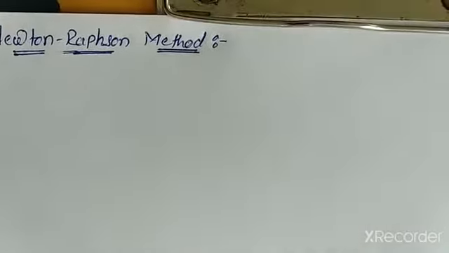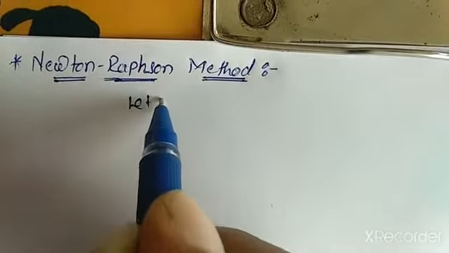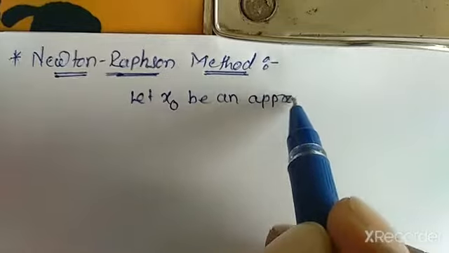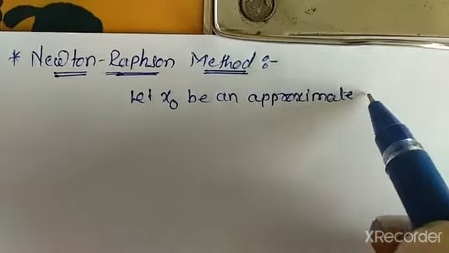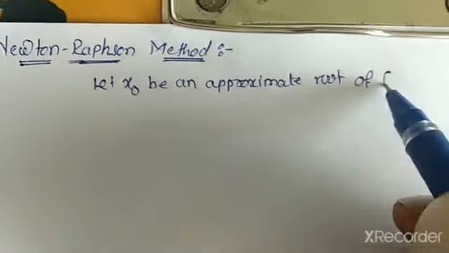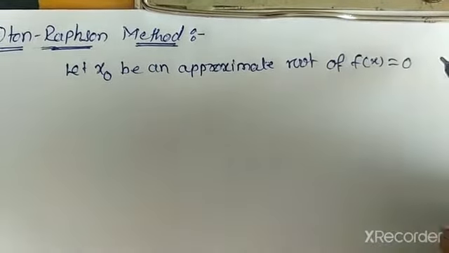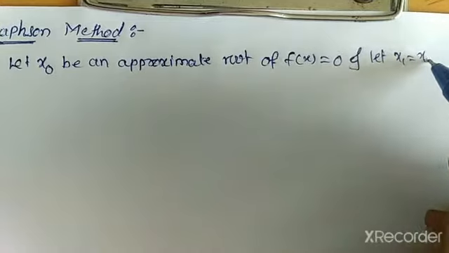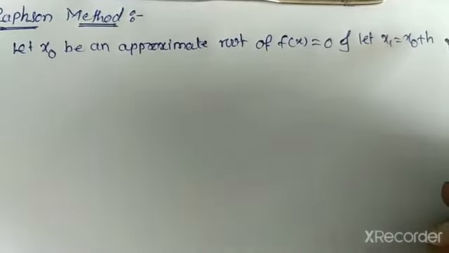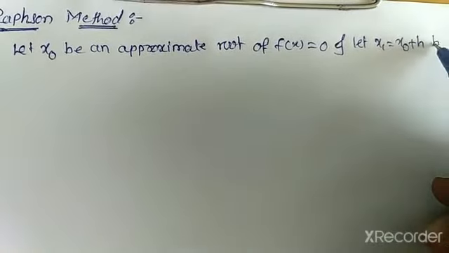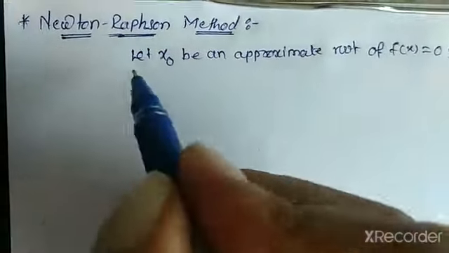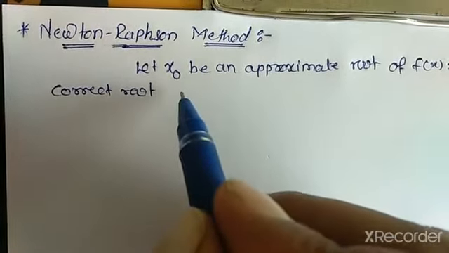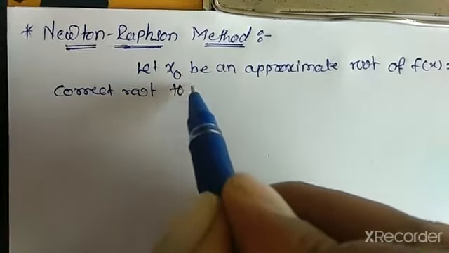So in this, first we consider let x naught be an approximate root of f of x equal to 0, and let x1 is equal to x naught plus h be the correct root, so that f of x1 equal to 0.